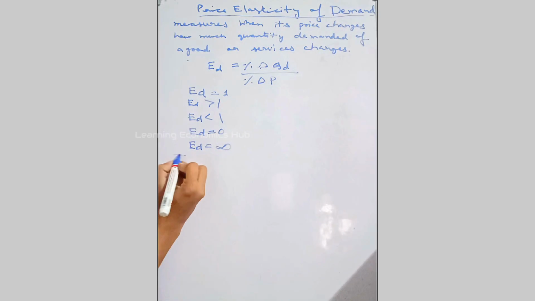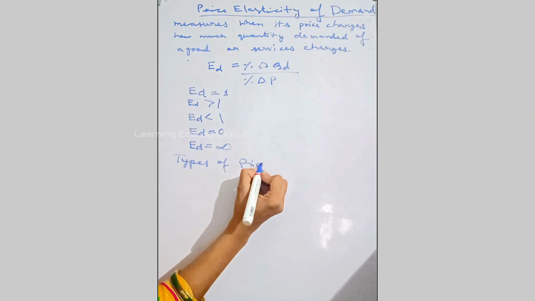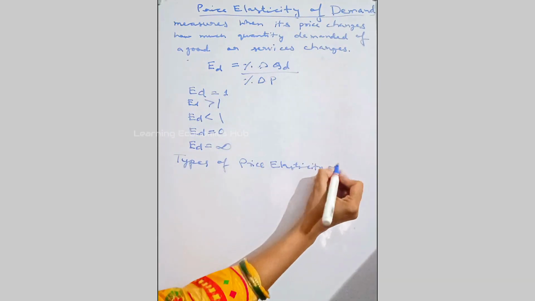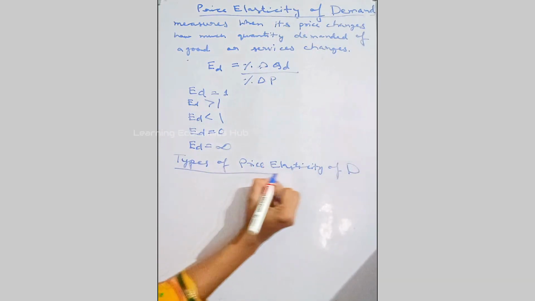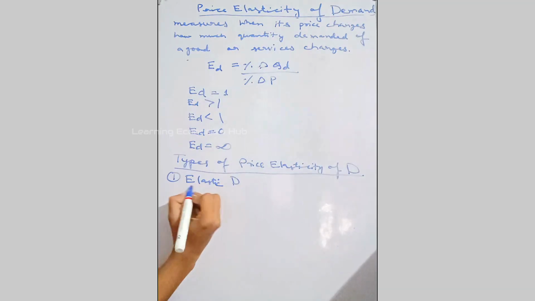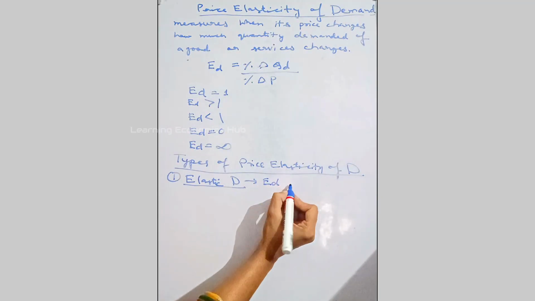Types of price elasticity of demand. Number 1 is elastic demand. What is elastic demand? ED is greater than 1.